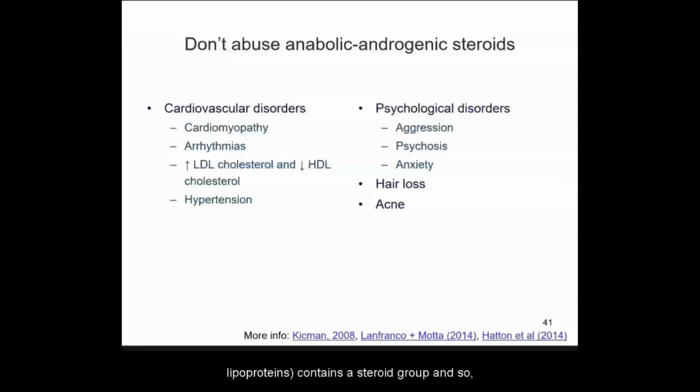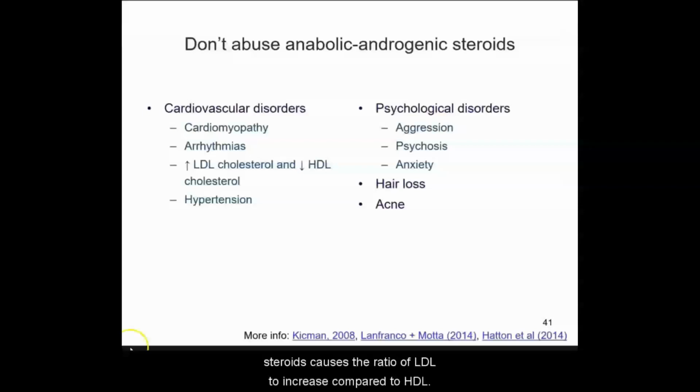It contains a steroid group, and it contains a protein group or a polypeptide group. LDL is the bad cholesterol, and you want to have a low ratio of LDL to HDL. And unfortunately, the abuse of anabolic steroids causes the ratio of LDL to increase compared to HDL.